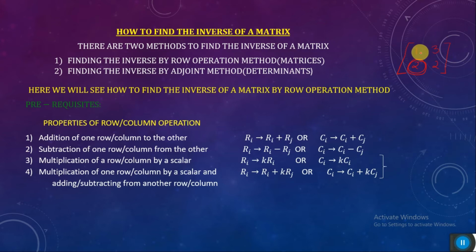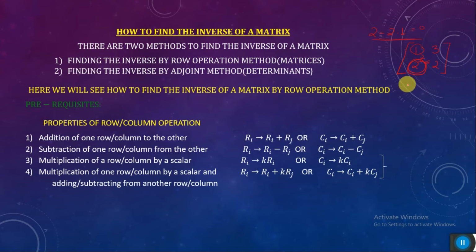So can I multiply 2 to this 1 and subtract from here? Yes. So see, this is my 2, minus 2 I multiplied with this one. So will it give 0? Yes. So I will get 0 here in place of this by doing this.